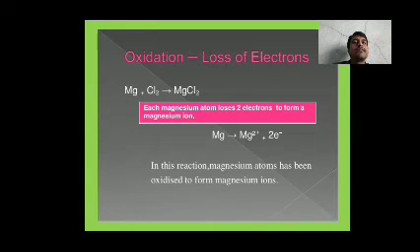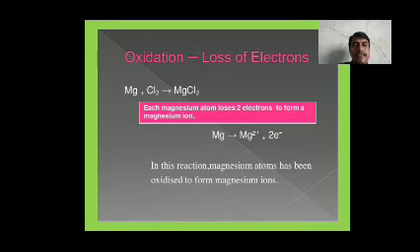In this reaction, magnesium atoms have been oxidized to form magnesium ions. Mg plus Cl2 gives MgCl2. Each magnesium atom loses 2 electrons to form a magnesium ion.